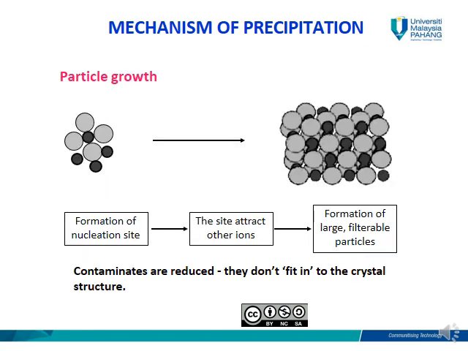When we talk about particle growth, the mechanism is very simple, but this process does require a very long time to produce. Here you can see that the particle growth will form a large filterable particle.